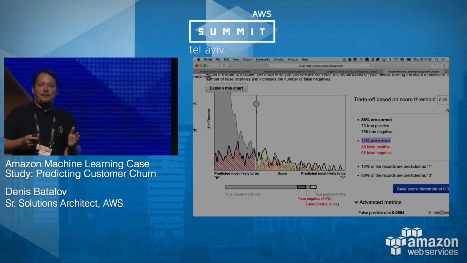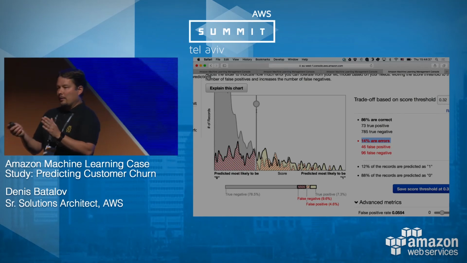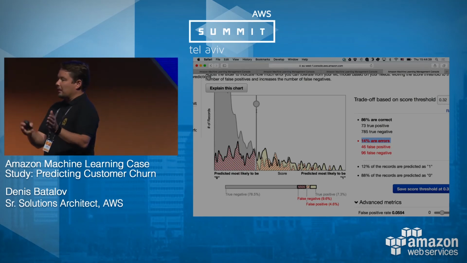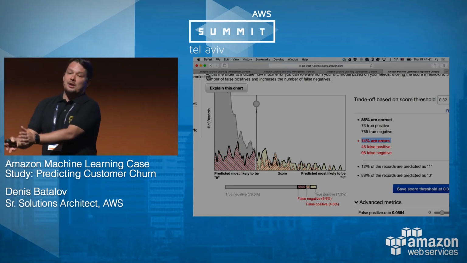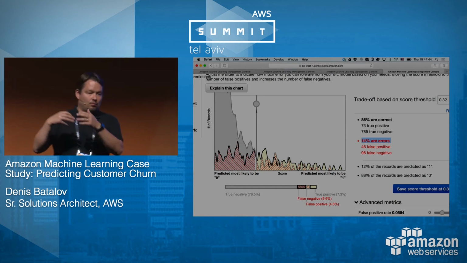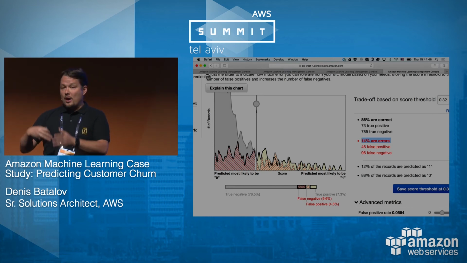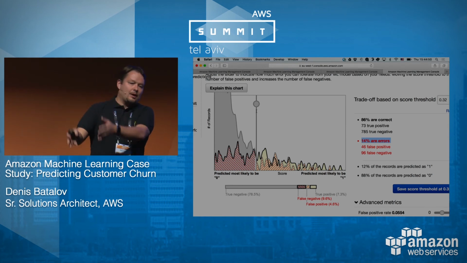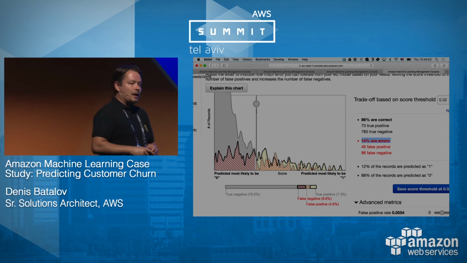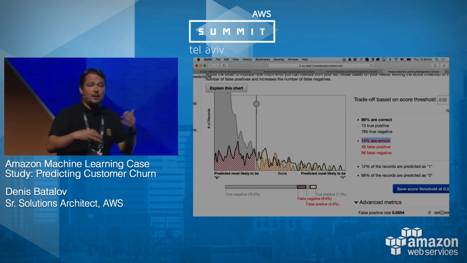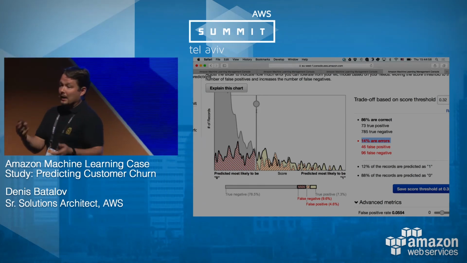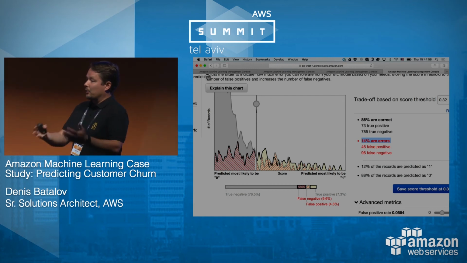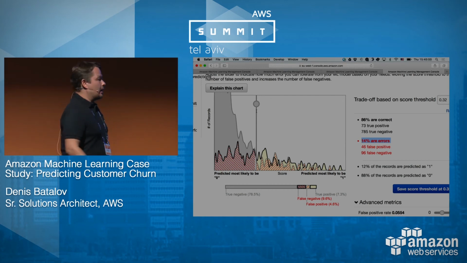And vice versa, if I am wrong and predict that the customer will not leave, but the customer will actually leave, I will have to spend quite a bit of money acquiring a new customer in their place. Maybe it's marketing, maybe again free hardware that I have to give to this customer, not to mention all the administrative costs of setting up a new account and so on, because I have to actually employ people in the field to service the customers.